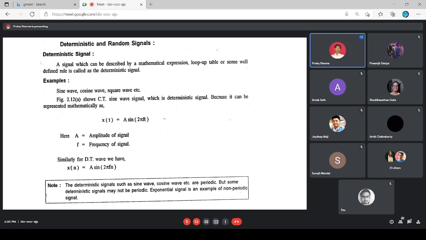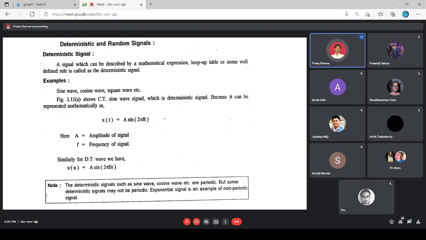So at least these two properties will be there for a deterministic signal. There should be a definite mathematical expression to represent the signal, and obviously if there is a definite mathematical expression, there should be some definite shape of the signal also. These signals are called deterministic signals.